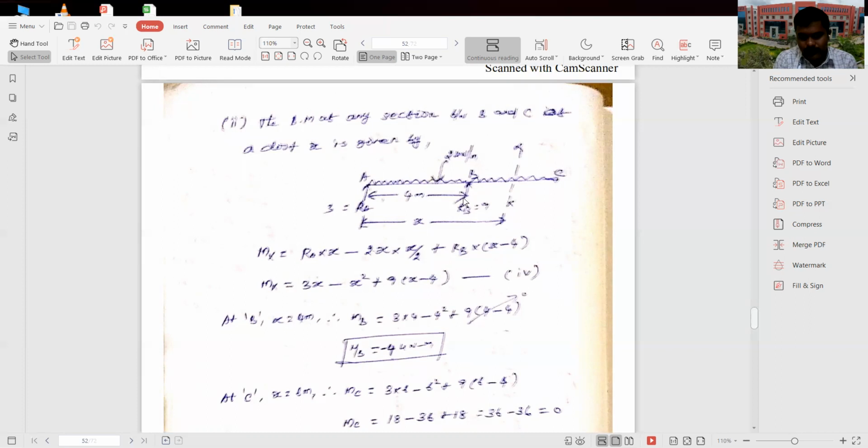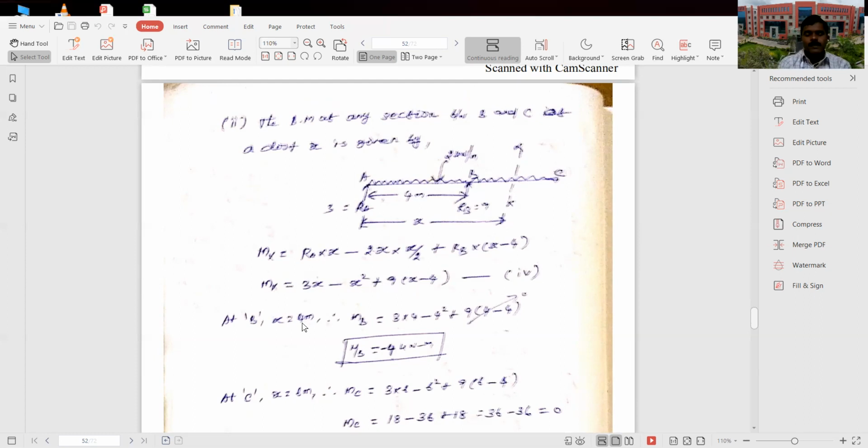Then the upward RB is clockwise to the section, therefore plus RB into the distance x minus 4. So moment at x equals RA value 3, so 3x minus 2, which cancels to x square, plus RB 9 into x minus 4. This is equation 4.